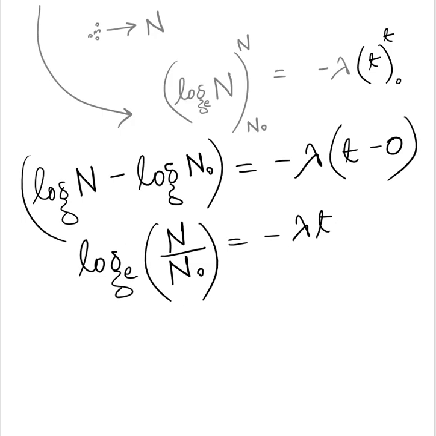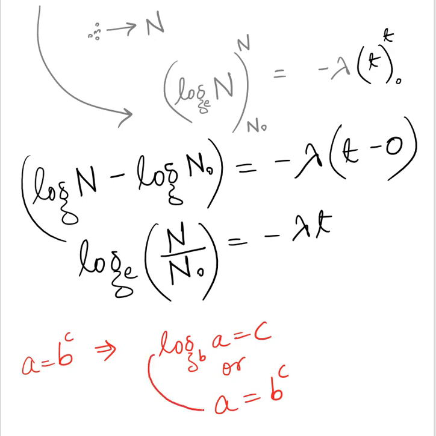So recall the change of exponential form to logarithmic form: if we have a equal to b raised to the power c, this implies log to the base b of a is equal to c. This logarithmic form can be converted to the exponential form, and the exponential form can be converted back to logarithmic form.